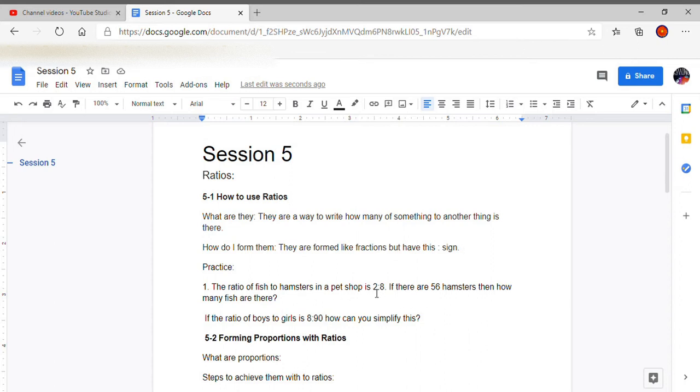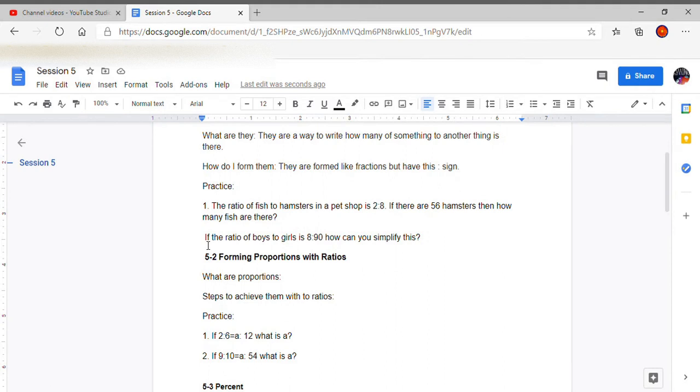Like that can be said, but it's easier to write the normal way, which is to say it in this ratio form. So you can do these practice problems, and ratios, by the way, can be simplified the exact same way as fractions. So do these practice problems, simplify this one like how they can be simplified with fractions, and once you're done, unpause the video and I'll go over it.